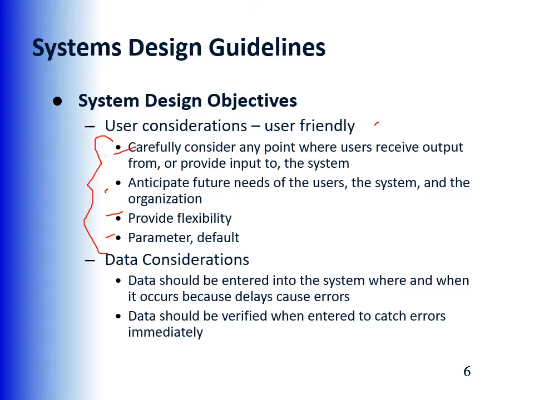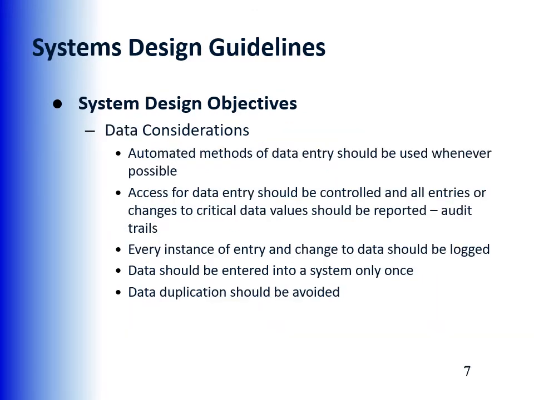For data considerations, data should be entered into the system where and when it occurs, because delays cause errors. Data should be verified when entered to catch errors immediately. Automated methods of data entry should be used whenever possible.